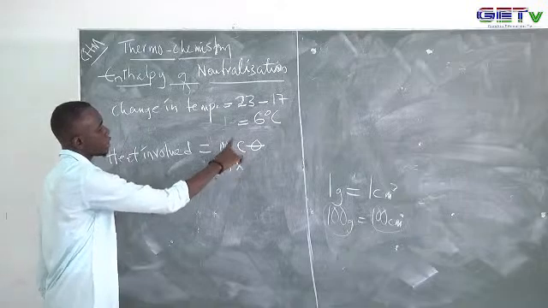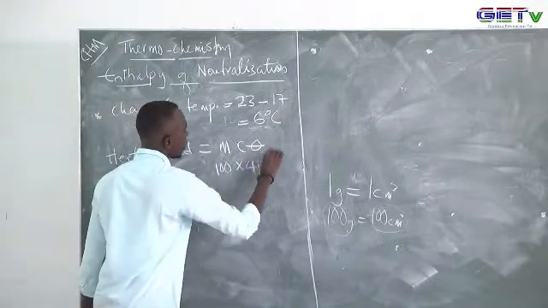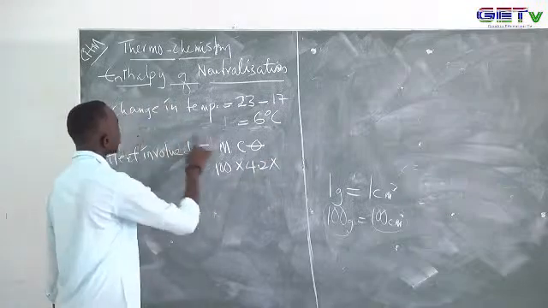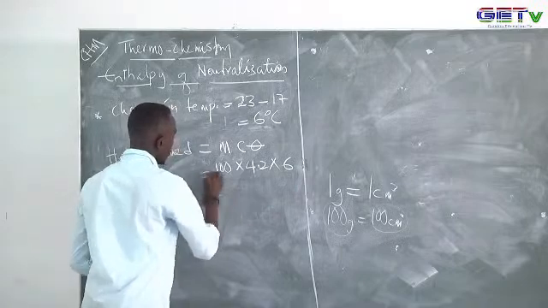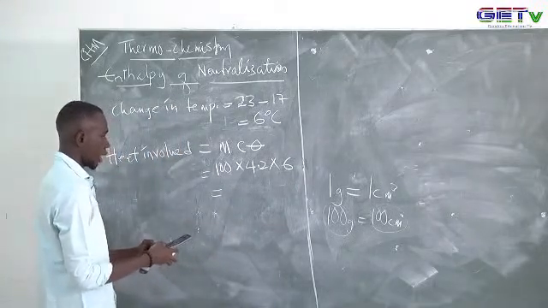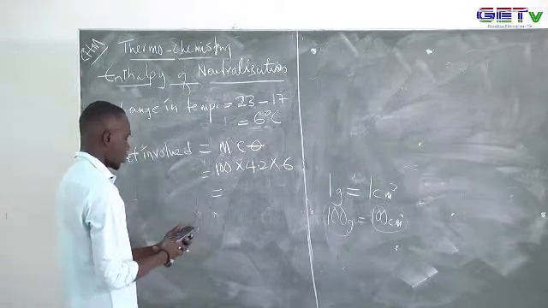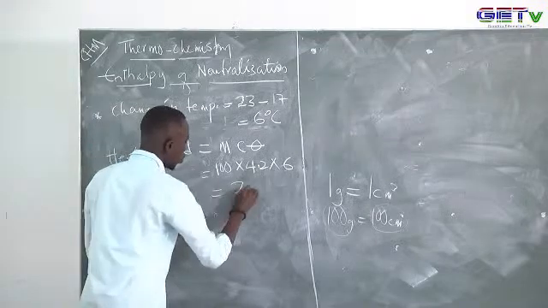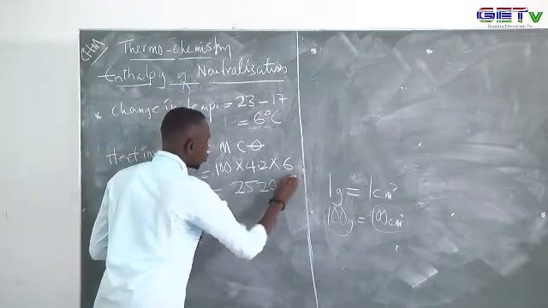So here we can say 100 times. The specific capacity of water given is 4.2. So we say 4.2 times, and the change in temperature is 6. So therefore we'll have 100 times 4.2 times 6, and then we will have 2520 joules.